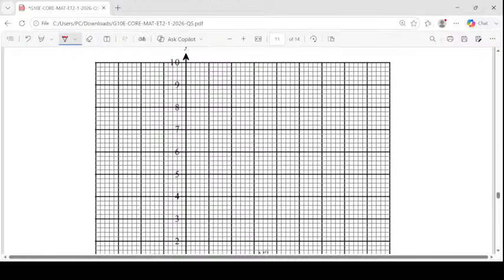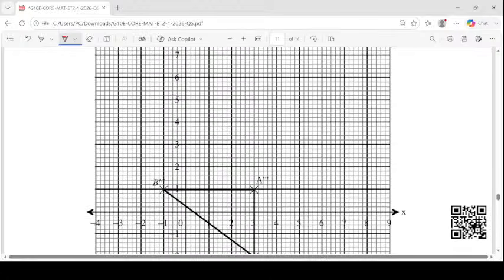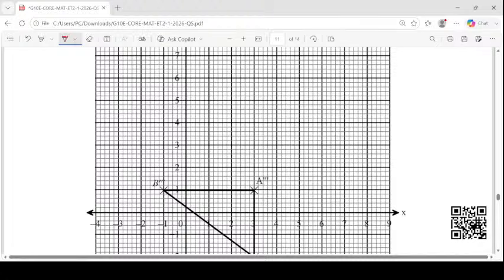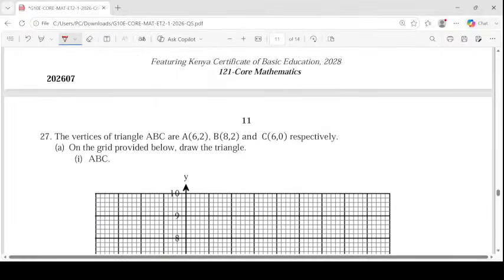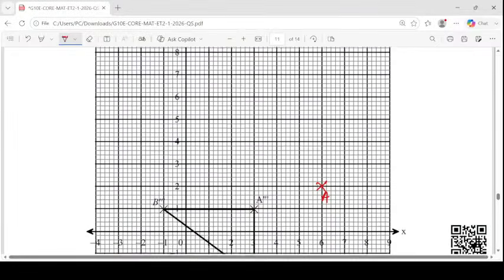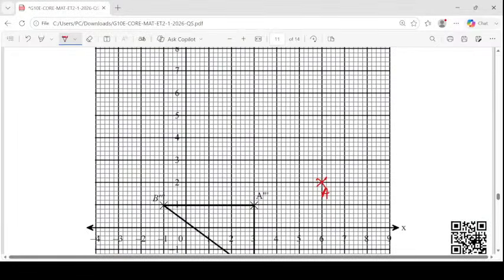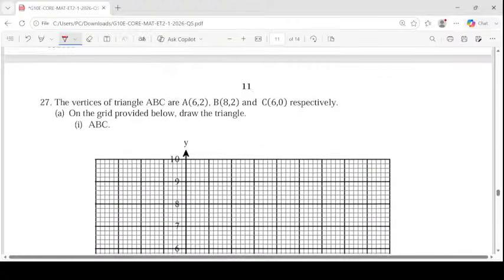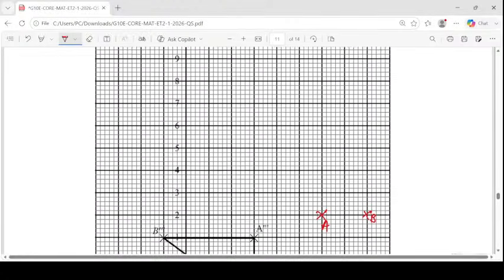A is 6, 2, so let's plot the point 6, 2. 6 on the x-axis, 2 on the y-axis. B, 8, 2. 8, 2 is here. That's our B. C, 6, 0.